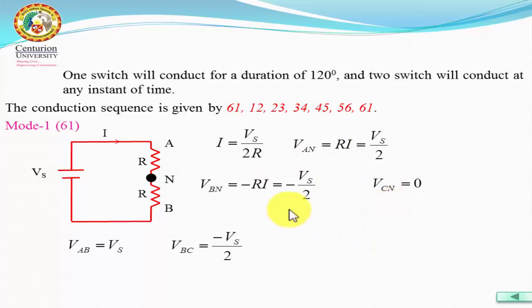So minus Vs by 2 minus 0 gives minus Vs by 2. Similarly, VCA is 0 minus Vs by 2, so minus Vs by 2.